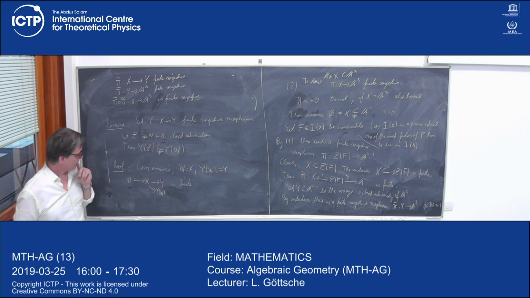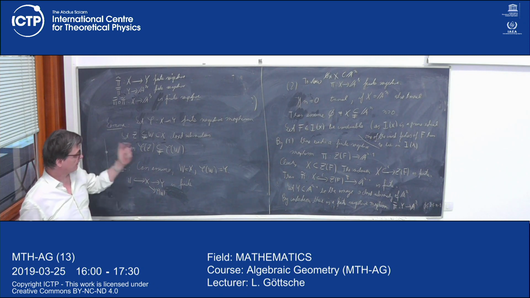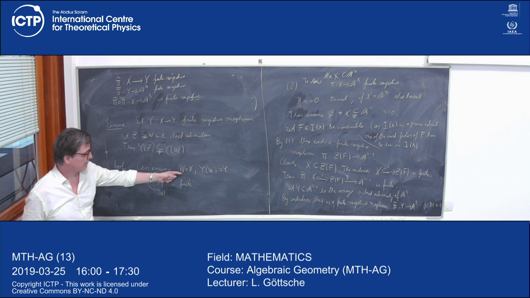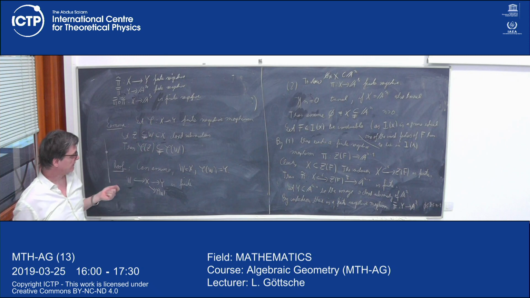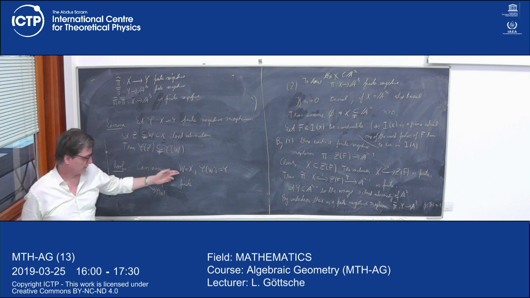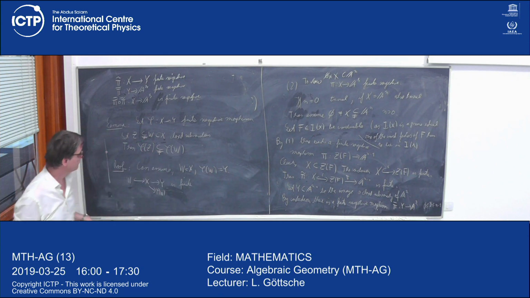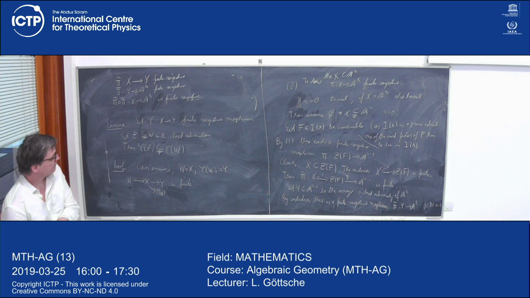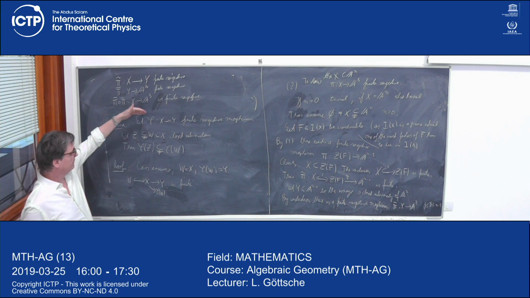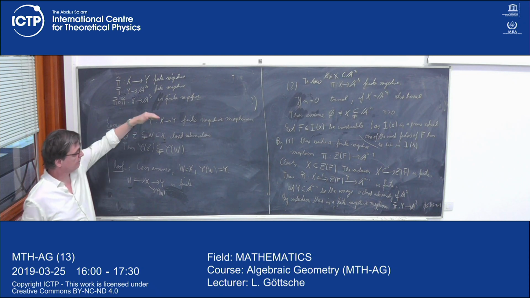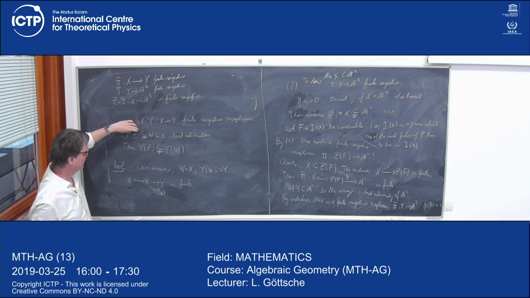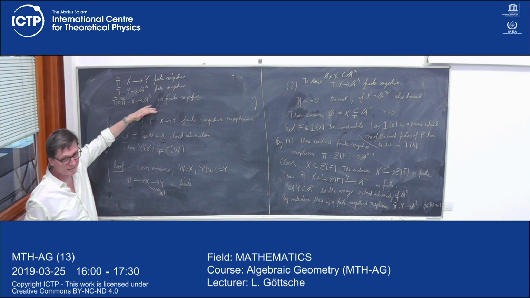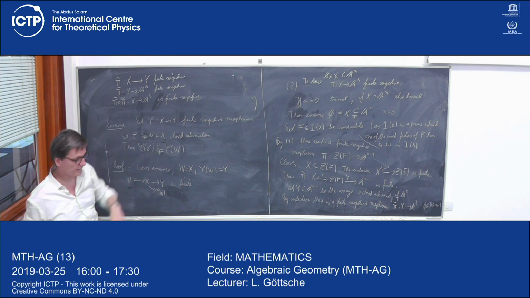And so if I just replace X by W and Y by phi of W, then we can assume that W is X and phi of W is Y. And then we just have to see that if you have a subvariety which is not the whole of X, its image cannot be the whole of Y.